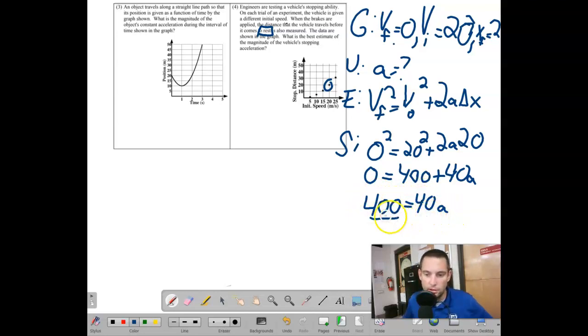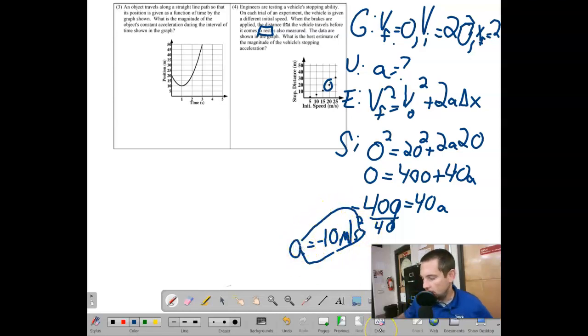Divide by 40. Oh no! Negative 400, because we're subtracting 400 from each side. Divided by 40, and that's going to give us our acceleration of negative 10. Yep, that's perfect. Circling the answer. Deal with it.